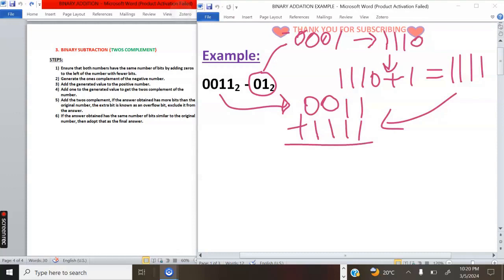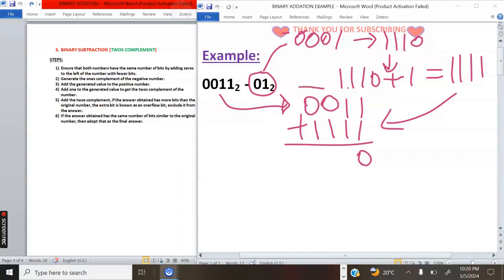Now, we need to remember the rules of addition. 1 plus 1 is equal to 1, 0. Therefore, you write 0. After you write 0, you carry 1, the one that is remaining, you carry it above.